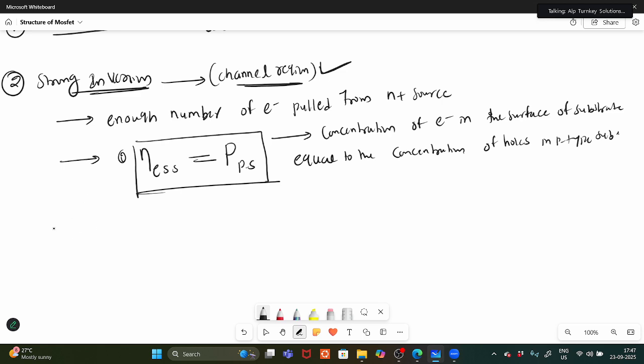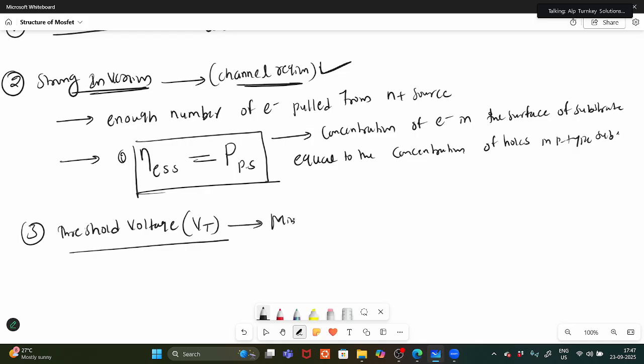And next you have threshold voltage. What is this threshold voltage? This is nothing but Vt. Threshold voltage is Vt. It is the minimum gate voltage.